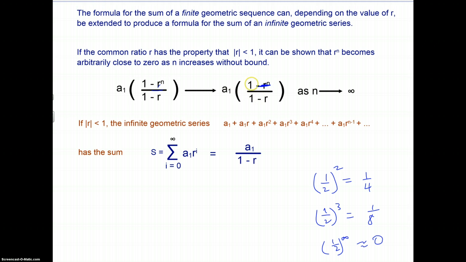So we have a1 times 1 over 1 minus r, or a1 over 1 minus r. It's actually a simpler formula for figuring out the sum of an infinite geometric series. Of course, the absolute value of the common ratio has to be less than 1. It has to be a fraction in order for that to work.